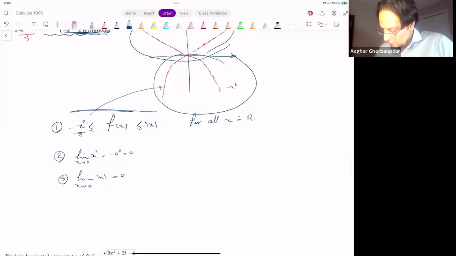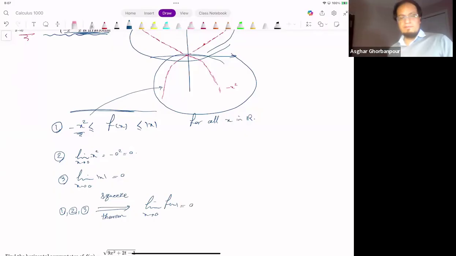Then by 1, 2, and 3, this triggers the squeeze theorem. As a result, the middle function, which is our function, will have limit 0.